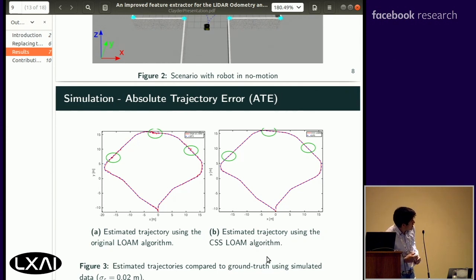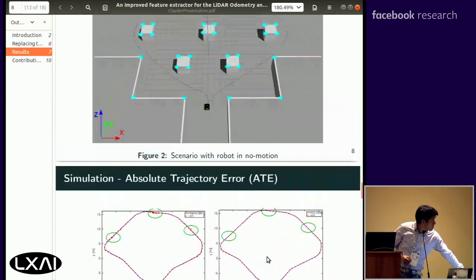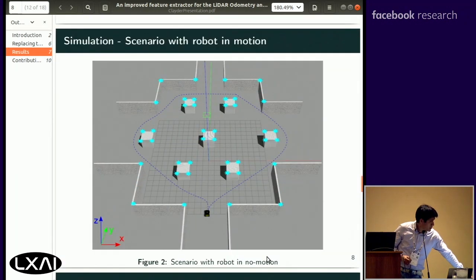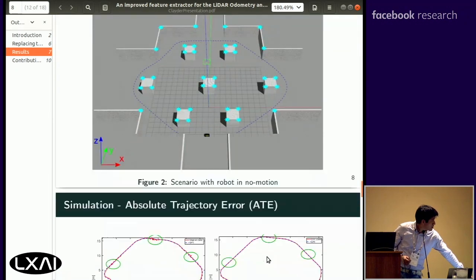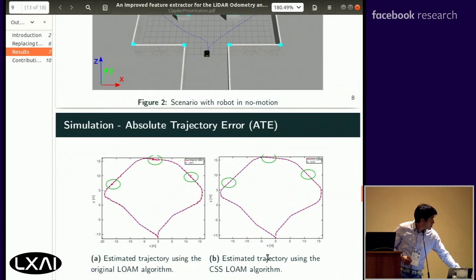As you can see here, the picture on the left is the original LOM algorithm. That is the estimated trajectory of the robot, which can be seen in the previous slide. So the estimated trajectory, as you can see on the picture on the left and in the green circles, is forming kind of peaks.